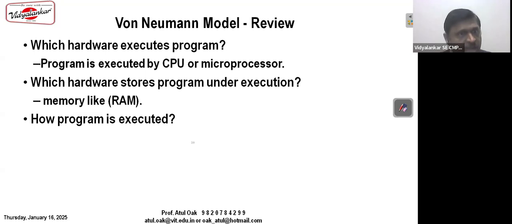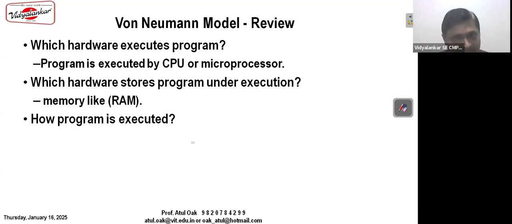So this question is relevant because there is a gap. The processor can execute, but cannot store. RAM can store, but cannot execute. Then how will my program be executed? Because it is in RAM, which cannot execute the program, not in the processor, which can execute the program.